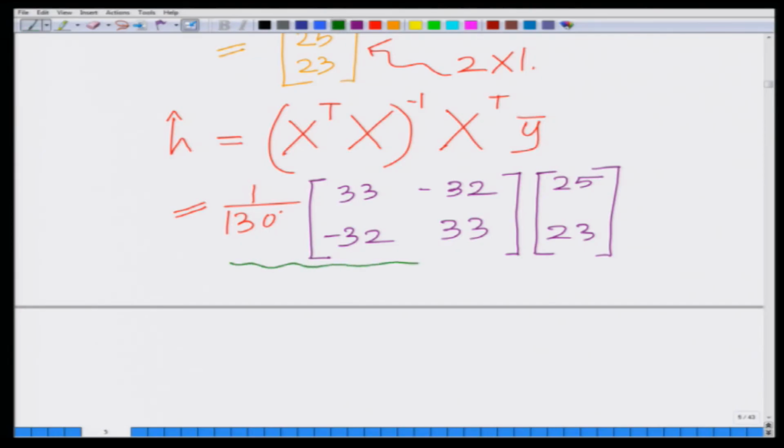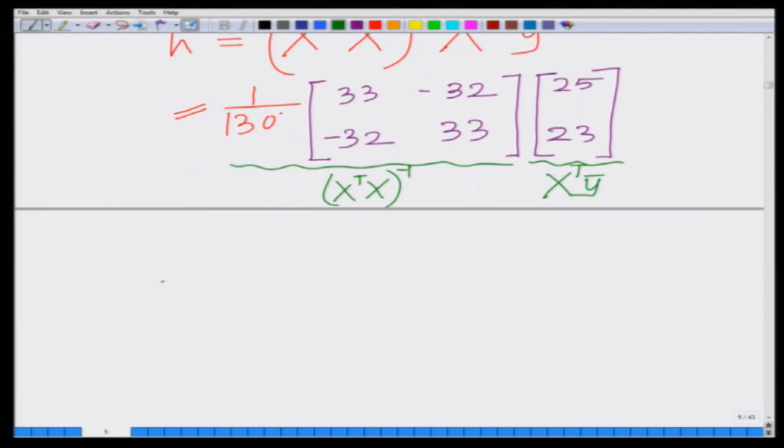This is your x transpose x inverse and this is your x transpose y bar. And therefore, now I can simplify this further.